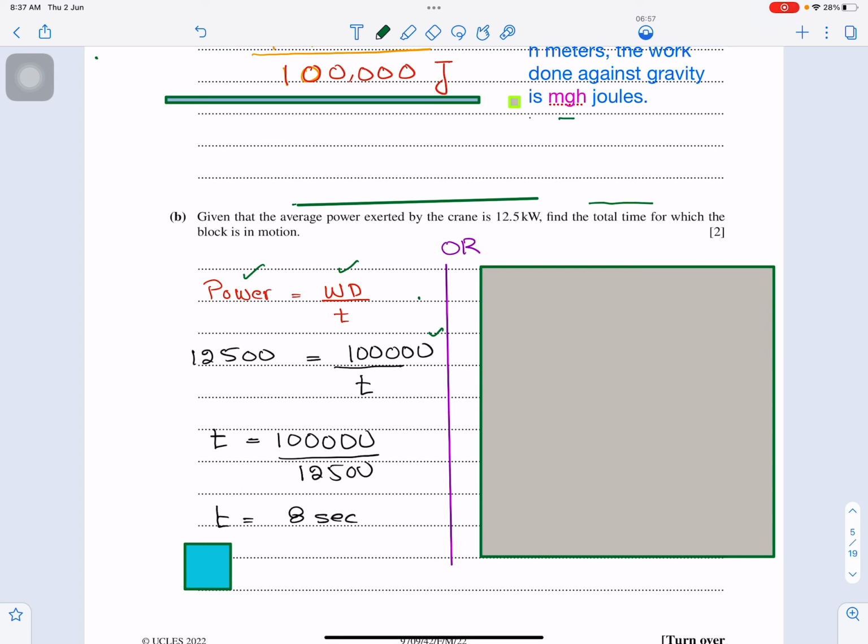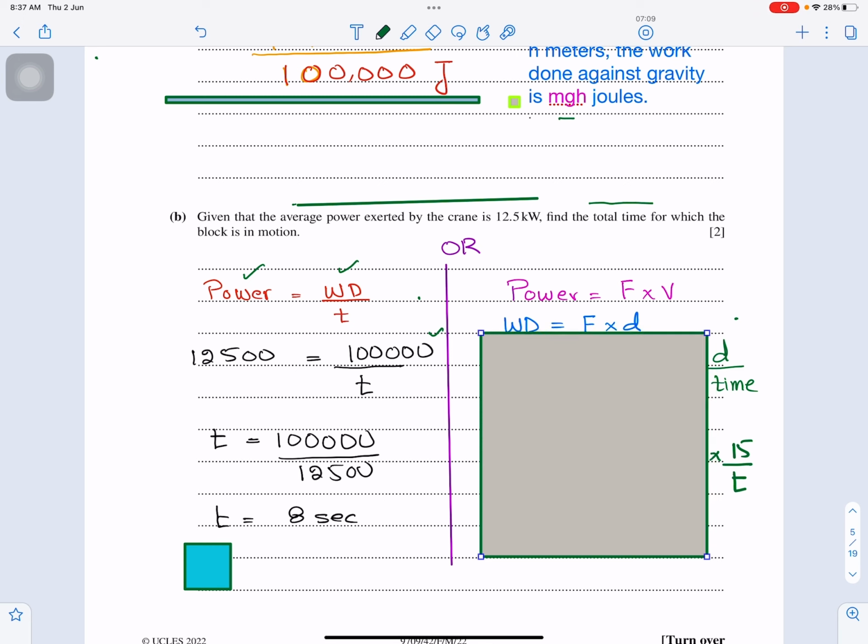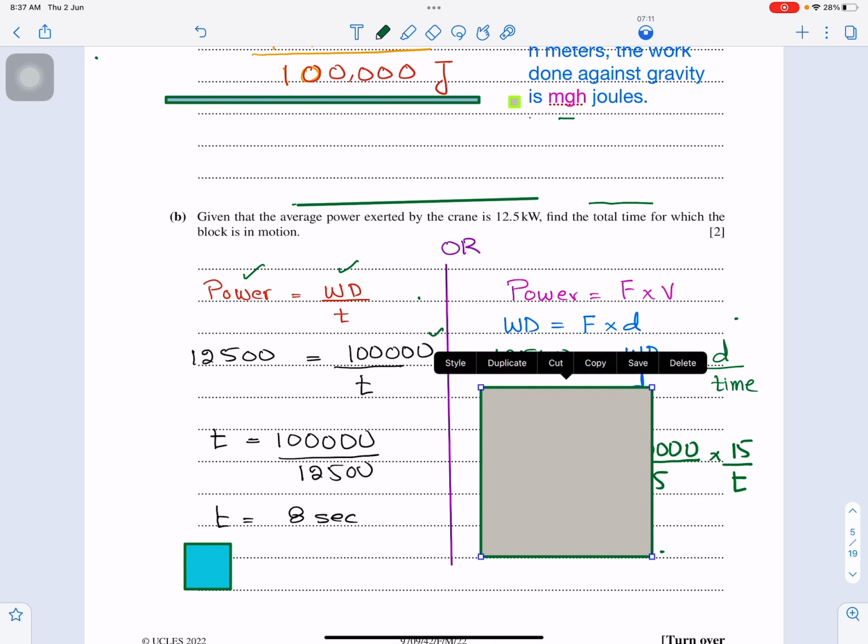There is another way to calculate the time by using another concept. It is also a little lengthy, but it's the same thing. So we know that power is equal to force into velocity, and work done is equal to force into distance. Power is given to you in the question, 12,500.